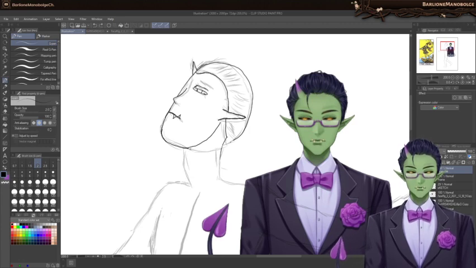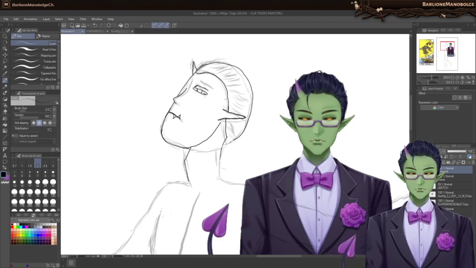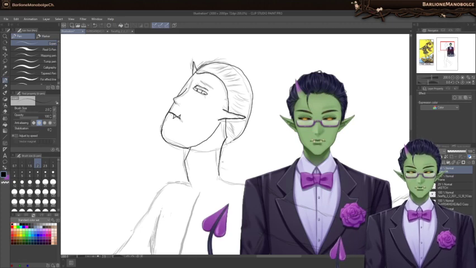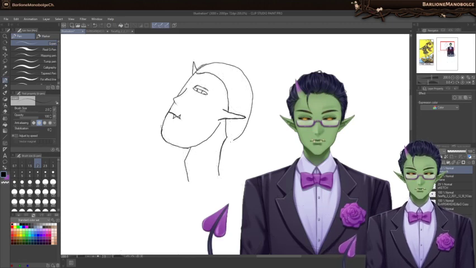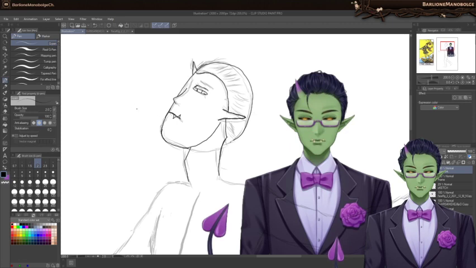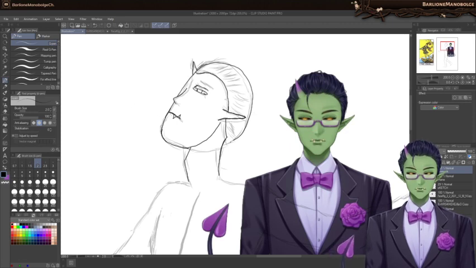I tend to soften my lines too much, I think. Need to allow myself to make harsher angles, even when drawing something organic like a body. Okay, what does it look like now without the sketch? Okay, like I said, sharper lines. This is a jaw.